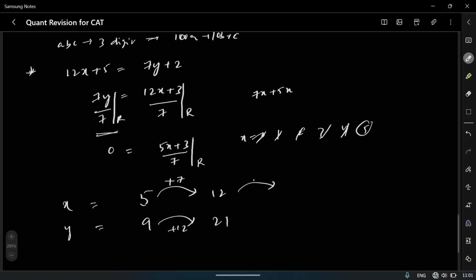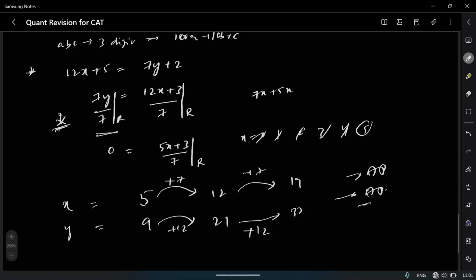So the next solution will be 19 and 33. So this is an AP and this is also an AP. This is how we find solutions, and this is the easiest method.